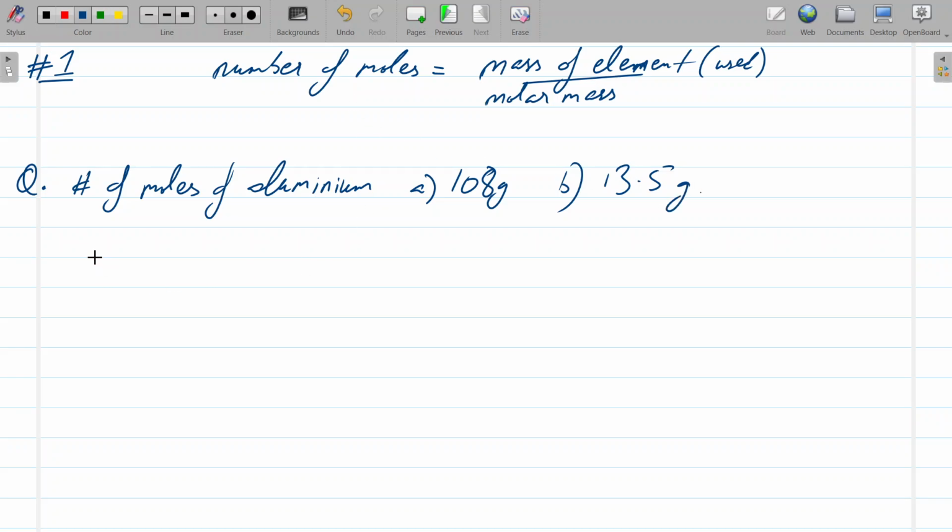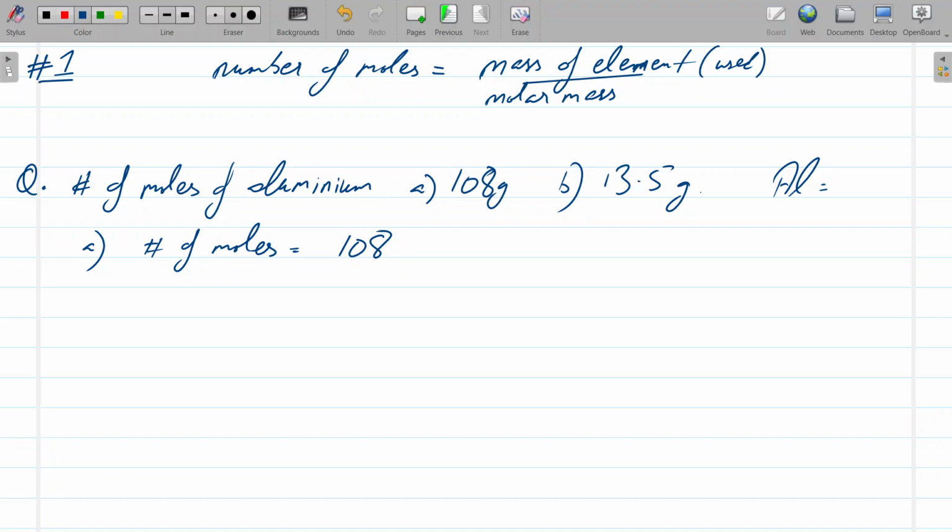So applying the formula, what's the molar mass? Aluminum is 27.